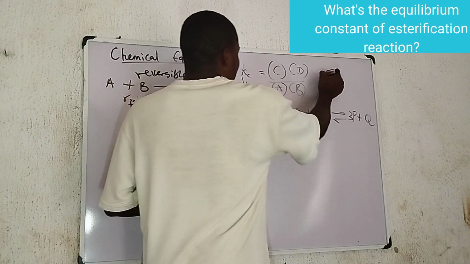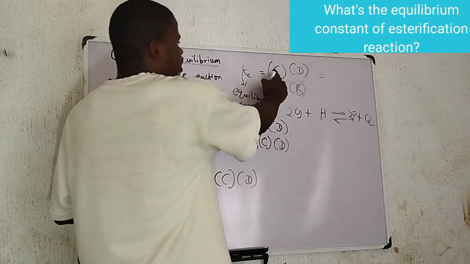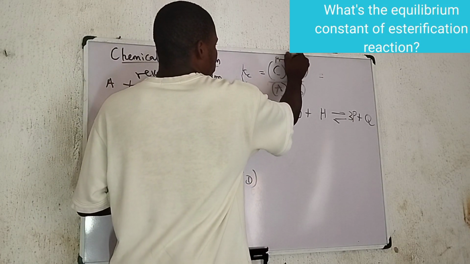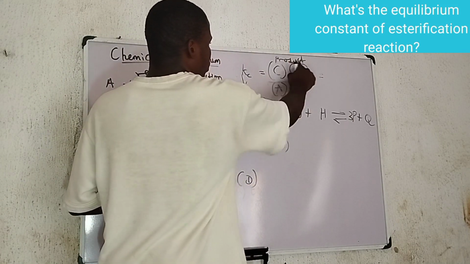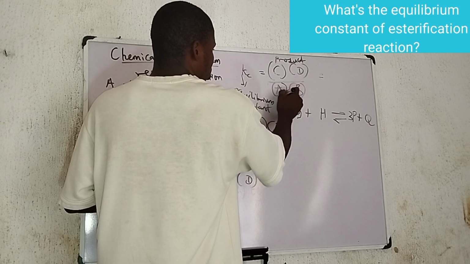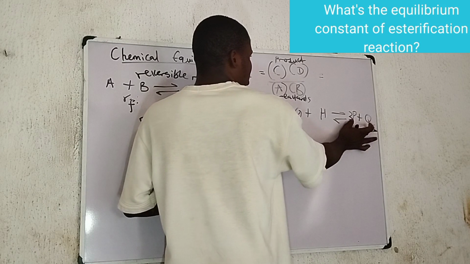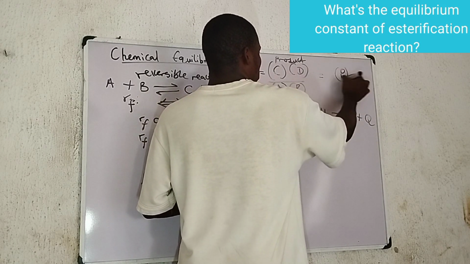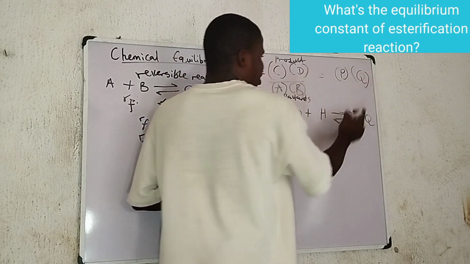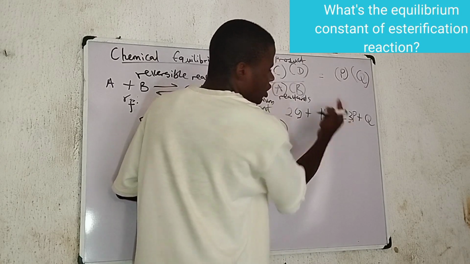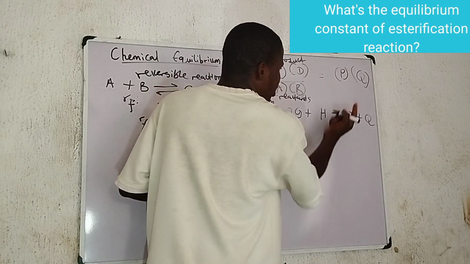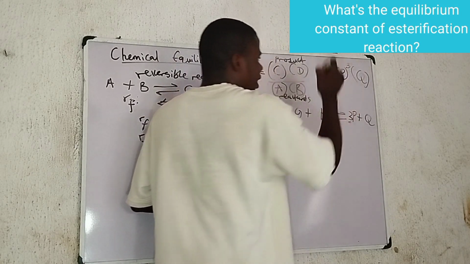From the formula, we've seen that the equilibrium constant is the concentration of the products all over the concentration of the reactants, right? So what are the products? The products are P times Q, right? But this P, what's the number of moles, the coefficient? It is 3, so it will be raised to power 3.